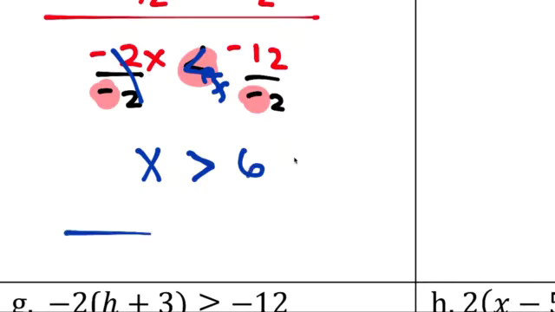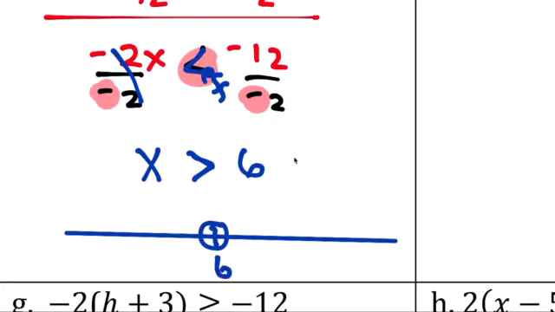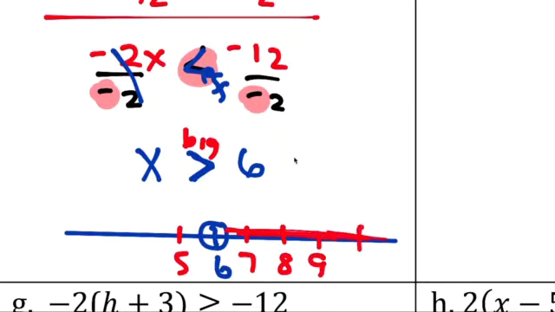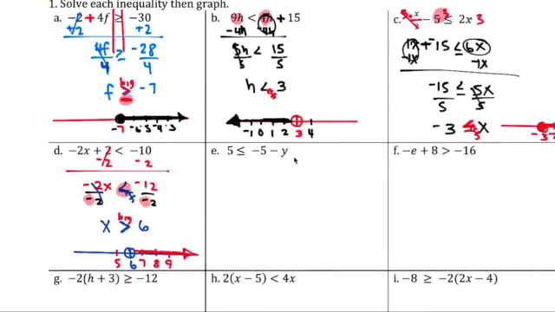Okay, so now you're starting at 6, open circle at 6, no equal to. Numbers that are bigger than 6: 5, 6, 7, so numbers bigger than 6, 7, 8, 9, and so on and so forth.